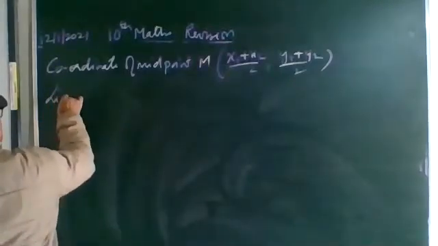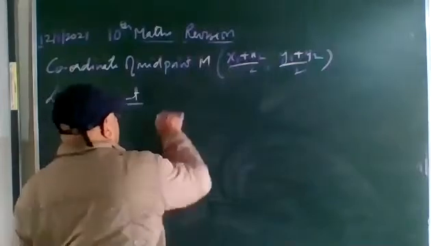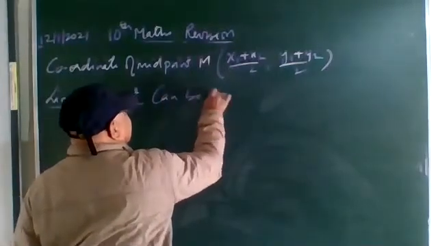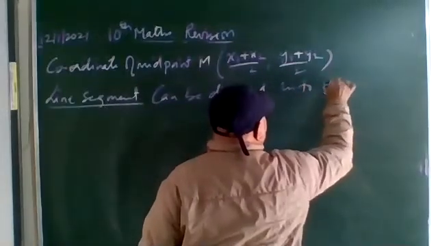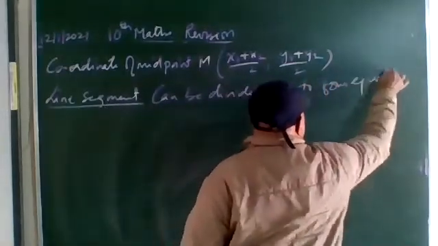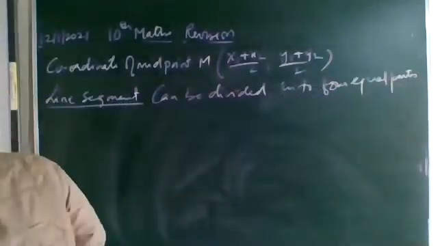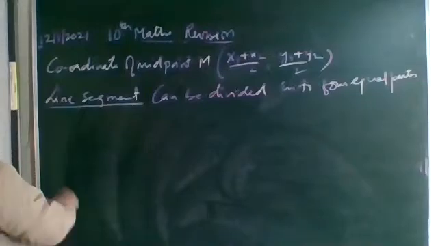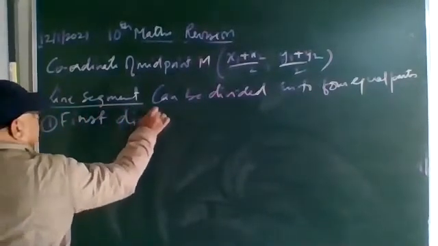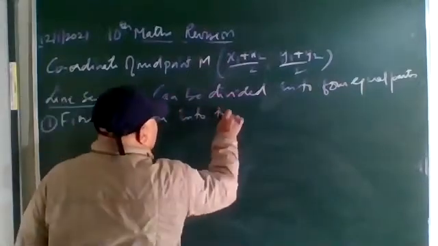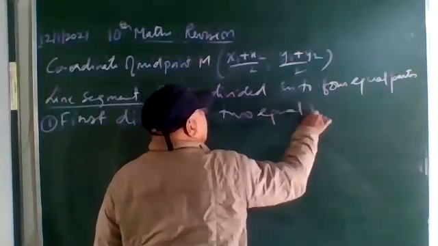A line segment can be divided into 4 equal parts. First, divide it into 2 equal parts.